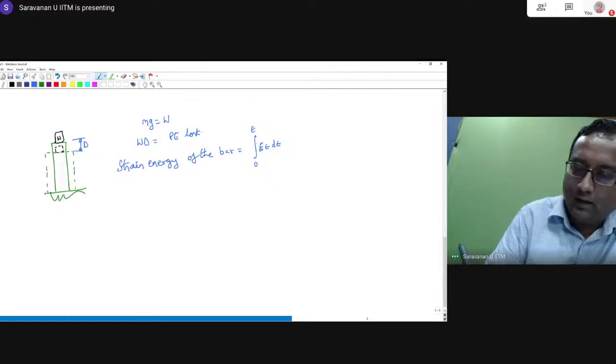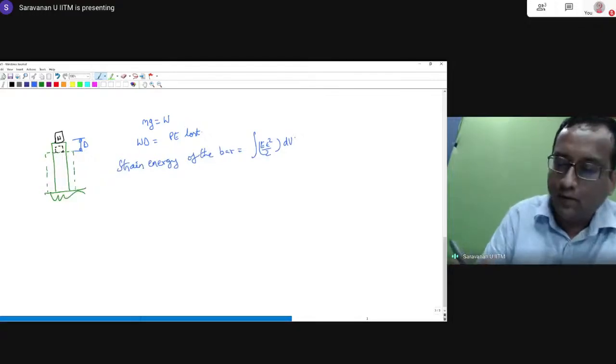Or you know that the strain energy due to the bar would be E epsilon squared by 2 into dv, and I have to do it for the entire volume of the body.